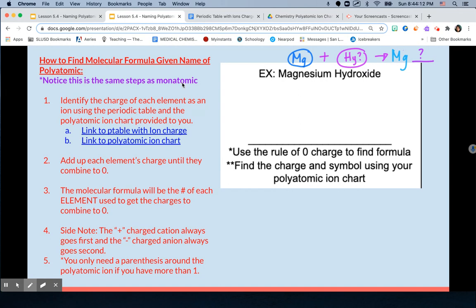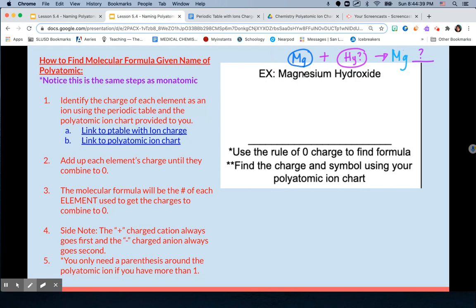So you're going to see that most of these steps are the same as when we were doing Nearpod lesson 5.2. Right, so first we're going to identify the charge of each element as an ion using both the periodic table and the polyatomic ion chart. So I'm always going to link these 2 things for you if you're ever working with polyatomic ions, right? So let's first figure out what the charge of Mg is in case you don't remember.